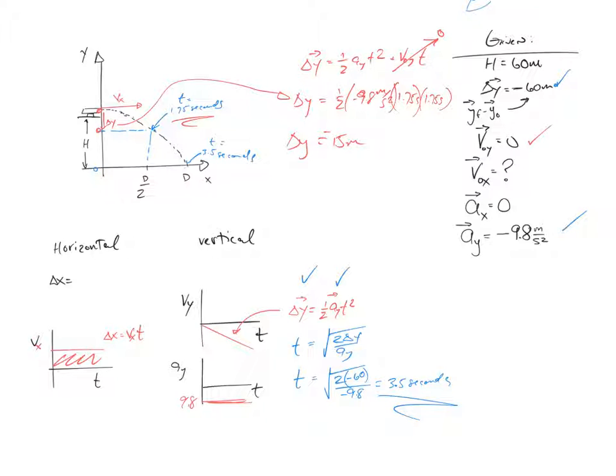So that means I take h minus delta y, and that'll get height above ground, above 0. You getting what I'm saying? So h was 60 meters minus 15 meters, which is 45 meters, which is the height of the ball at 1.75 seconds.